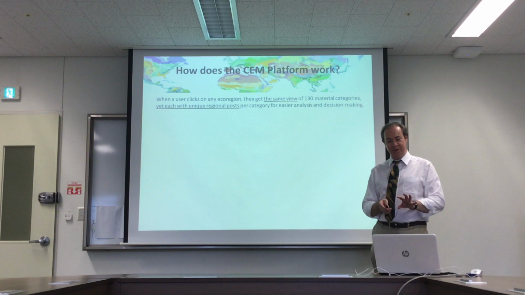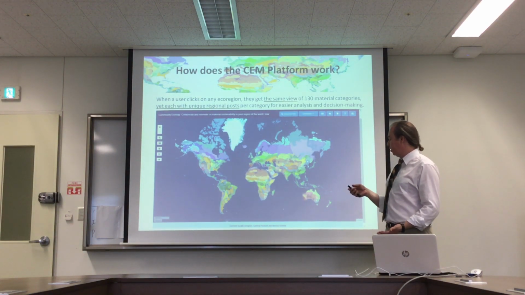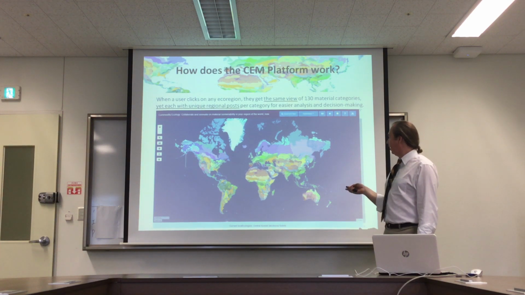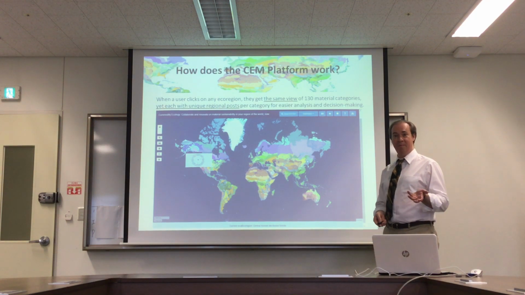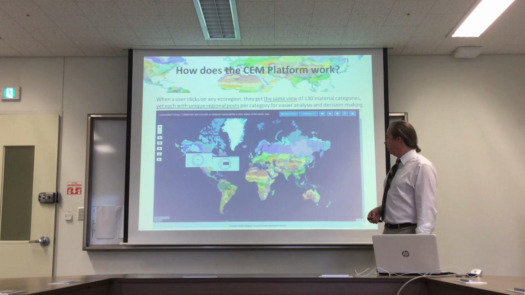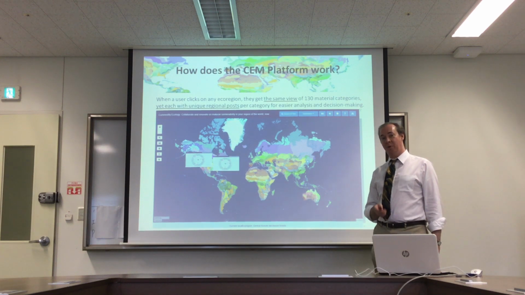For instance, this ecoregional map is also a click map. So you click on one of these zones, and guess what? You would get the commodity wheel of 130 categories. If you click on another region, you would get another wheel, but with different posts exclusively for that ecoregion.